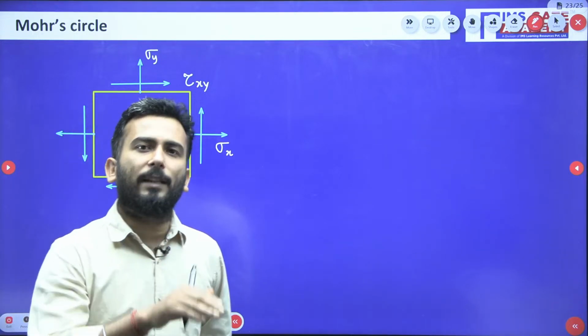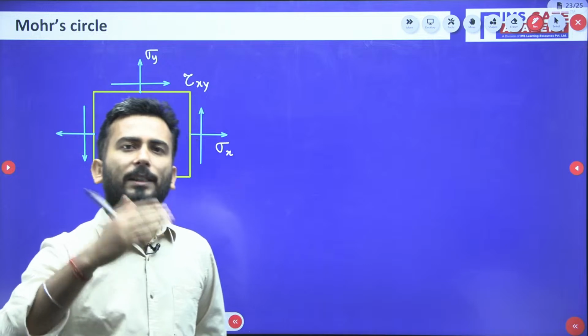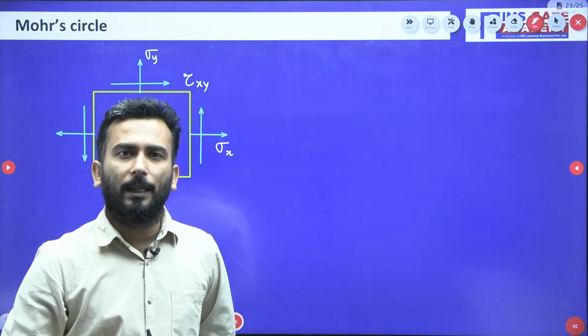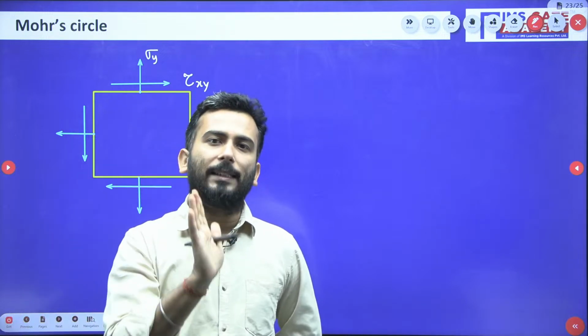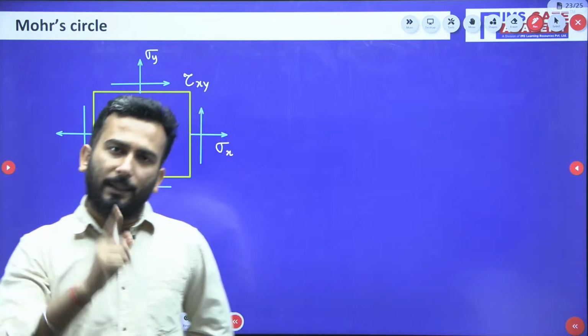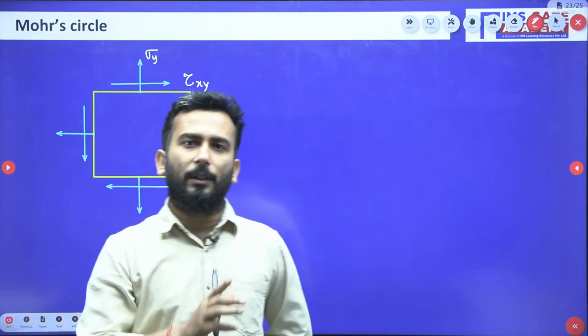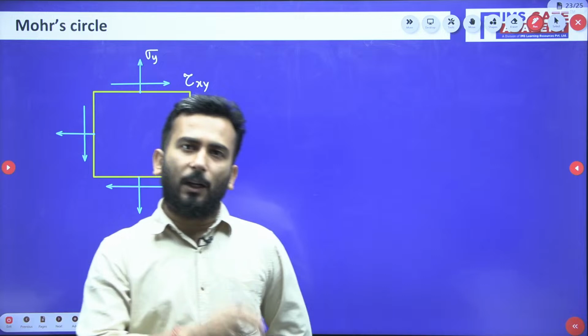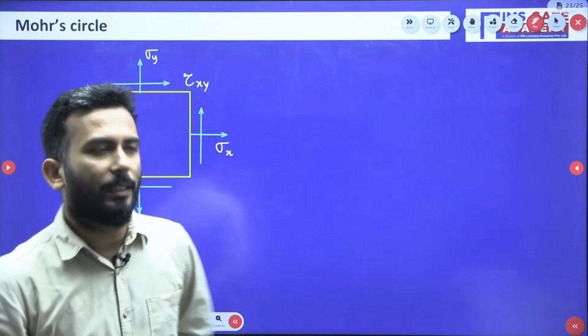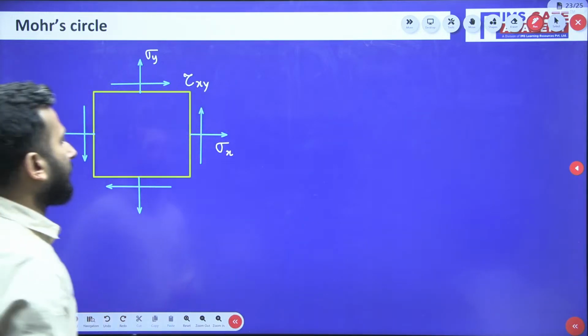So with respect to that reference, at 60 degrees, what is the value of normal stress and the value of shear stress? Because we know that on every plane, on every face, there is one normal, one shear, one normal, one shear. This thing we have already seen with the help of equations. Now we are trying to represent it in the form of a circle.